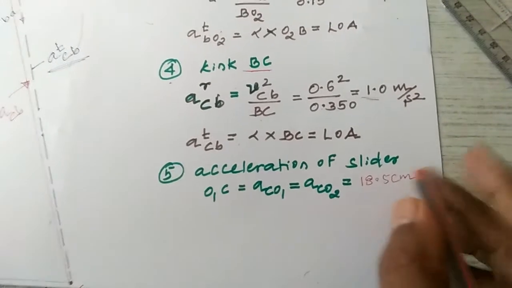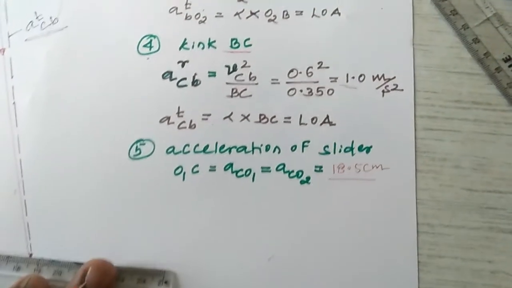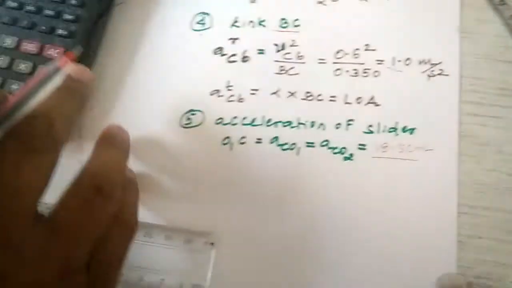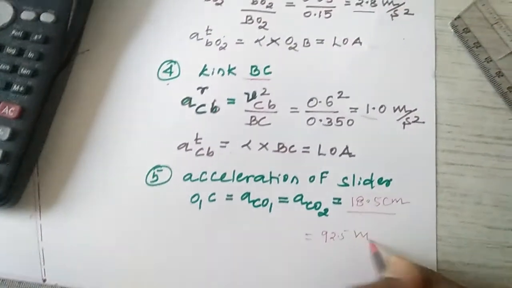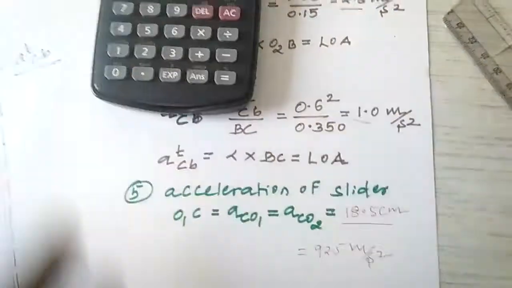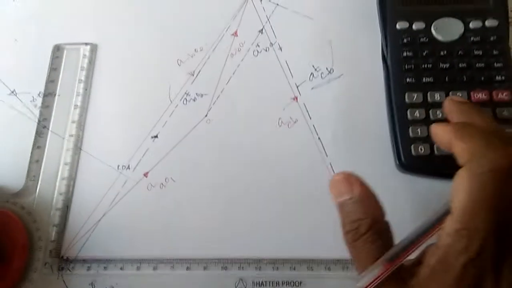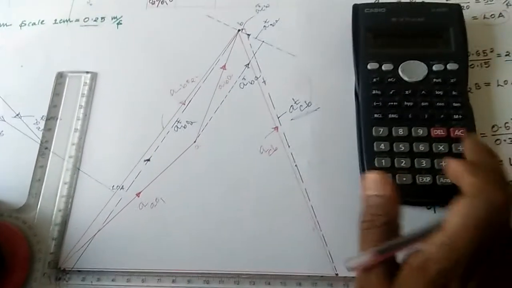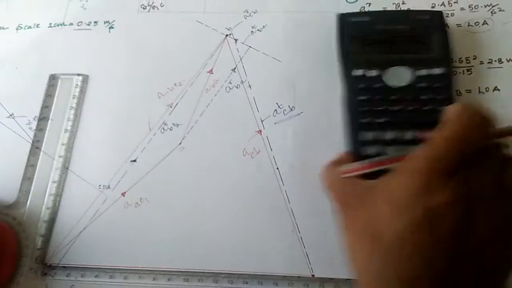You calculate this one. You convert it with the scale. It comes as 18.5 into 5, nearer to 92.5 meter per second squared. You have to check it. That is the scale, 50 divided by 10 centimeter. This is 18.5 into 5. It comes as 92 point something.